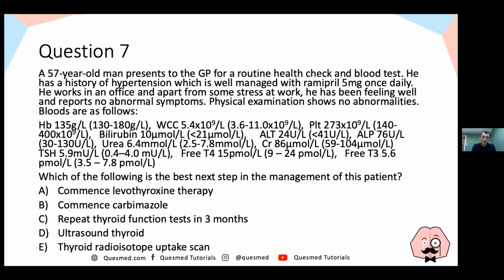Hemoglobin is 135, white cells 5.4, platelets 273, bilirubin 10, ALT 24, ALP 76, urea 6.4, creatinine 86. TSH is 5.9, free T4 is 15, and free T3 is 5.6. Which of the following is the next best step in the management of this patient?